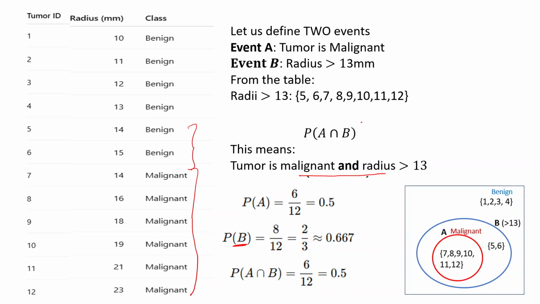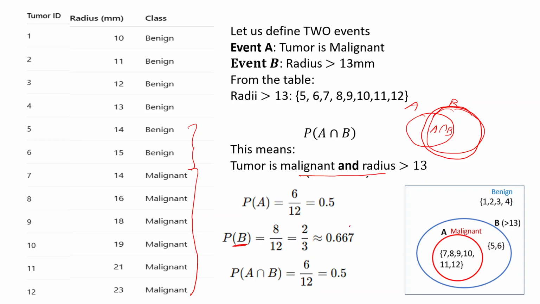Now, A intersection B means what we are trying to ask is the slight overlap, where this is the event A and this is the event B. We are asking what is A intersection B. At that time, it will be the probability of the event A occurring together with B, divided by the total number of samples.